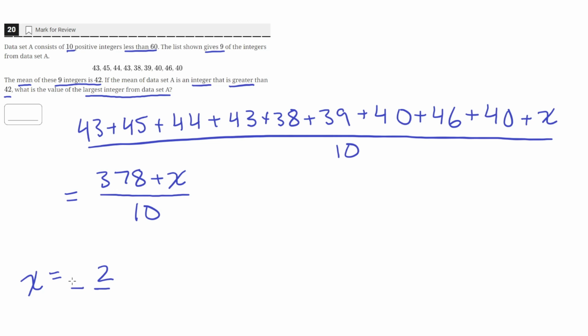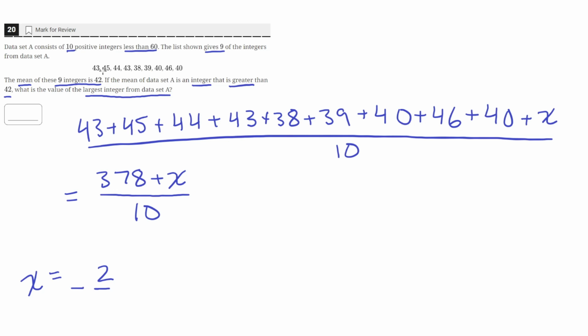And we also know this has to be a 2-digit term, because these 10 terms have to be less than 60. So we know the ones place, but the tens place we also automatically know, because this x value has to be larger than 42, because the mean of dataset A is larger than 42.